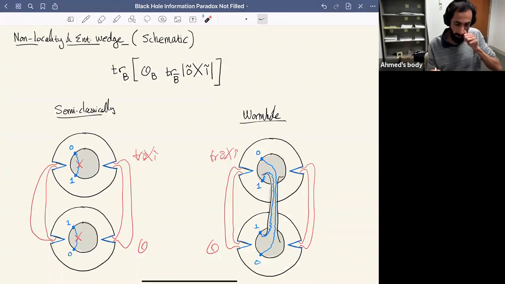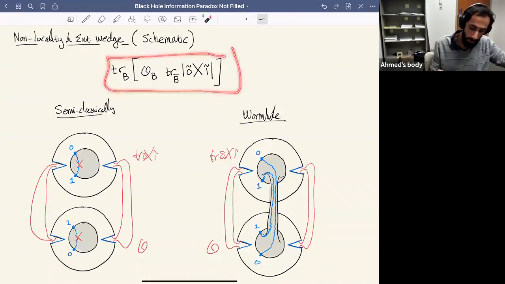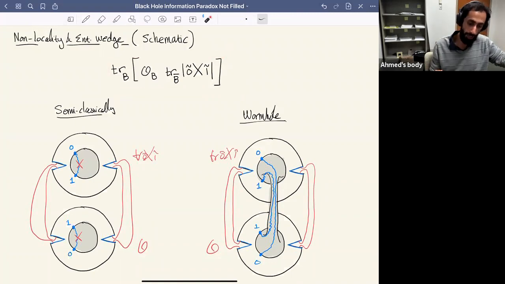To fully compute this quantity, you need to consider all possible gravity configurations that contribute. One configuration is the so-called semi-classical configuration, where the gravity part in O_B and the gravity part in this density matrix, well, it's not really a density matrix, but this quantity here, fill in separately.